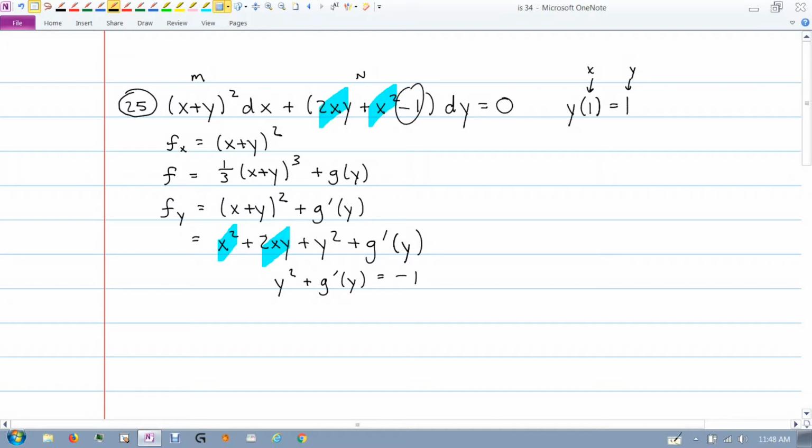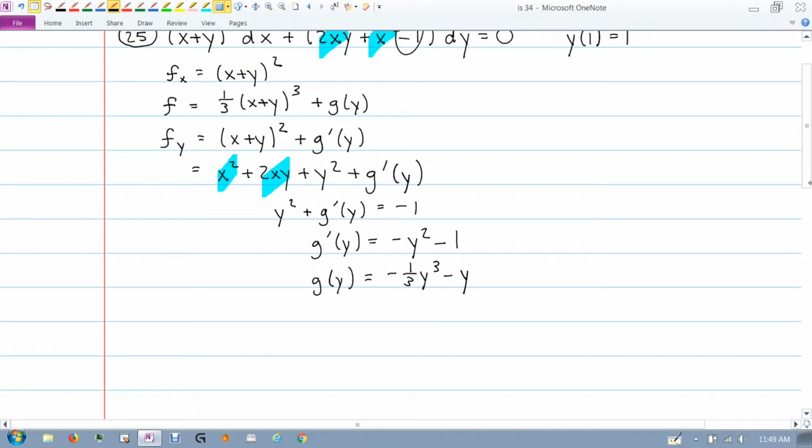Everything else we have, so we don't have to worry about it. It would just cancel from both sides. So g prime of y would be negative y squared, taking the y squared to the other side, minus 1, which means g of y would be negative 1/3 y cubed minus y.